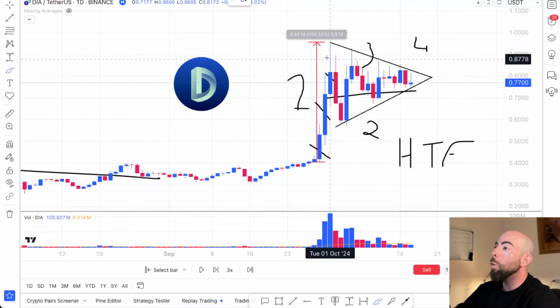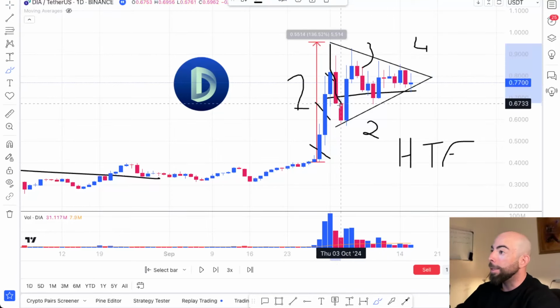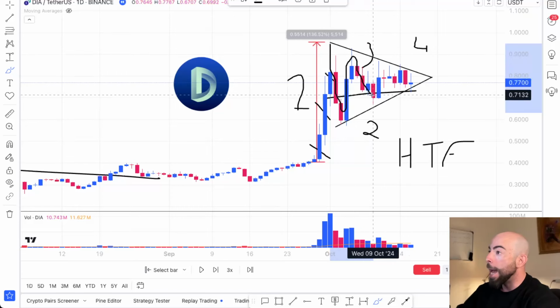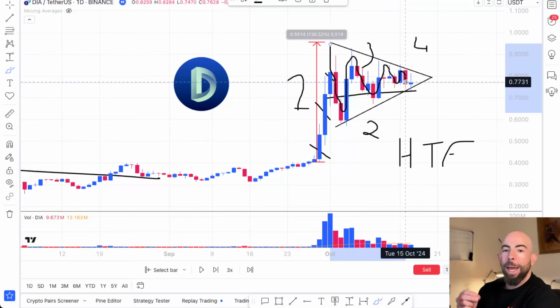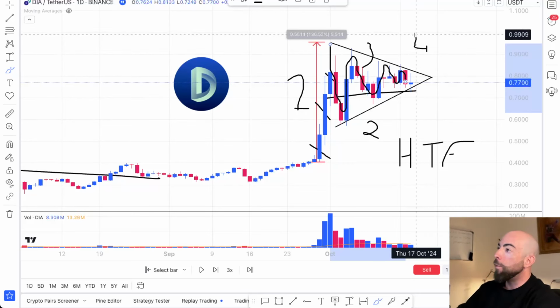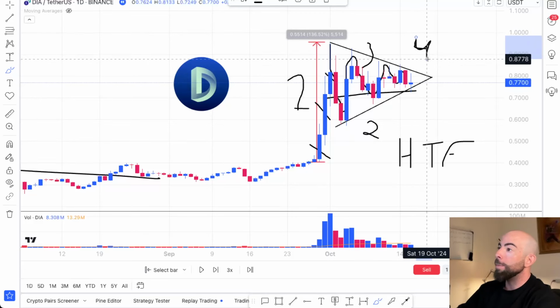If I draw waves of up, down, up, down, up, down, up, down, each wave is more contracted than the prior wave, and that is number 4, the stage 4 of this pattern, which is the contraction in volatility. By this point, you want to really hone in and be ready.